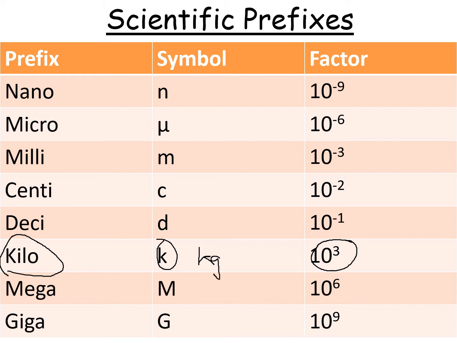Okay, another one that you're probably familiar with, but you might not realize it, is centi, because centi, if I write it like this, you probably recognize it as centimeters. And remember, to get from centimeters to meters, you divide by 100, which is really what this is saying here. If you're multiplying by 10 to the minus 2, it's the same as dividing by 100.